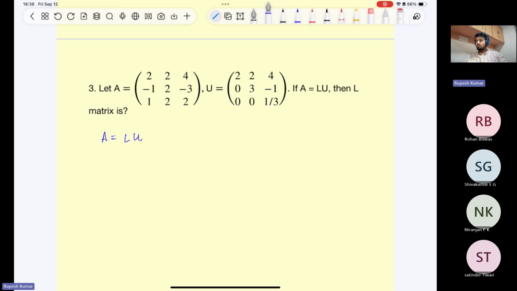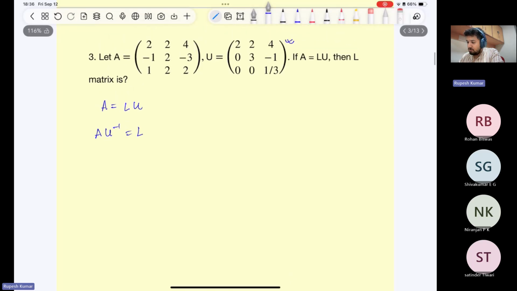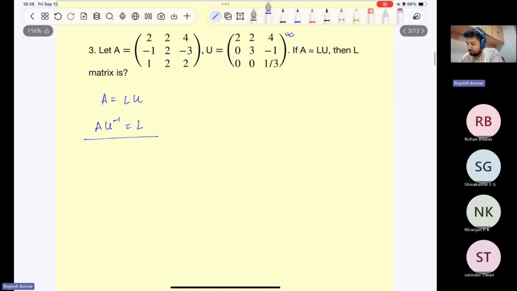Okay, fine. So let's proceed. Since the U matrix is invertible, you can say that A times U inverse equals L, right? Now what you have to do is simply solve this matrix inversion problem.